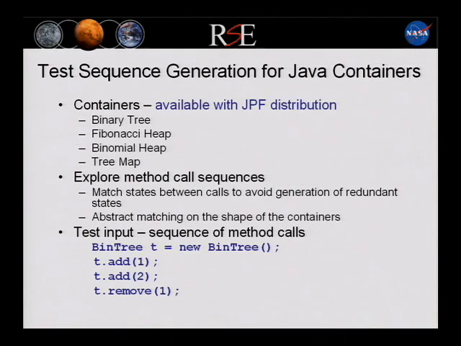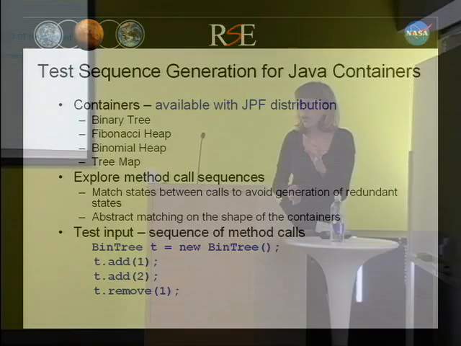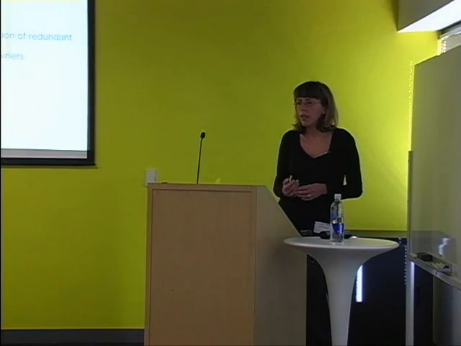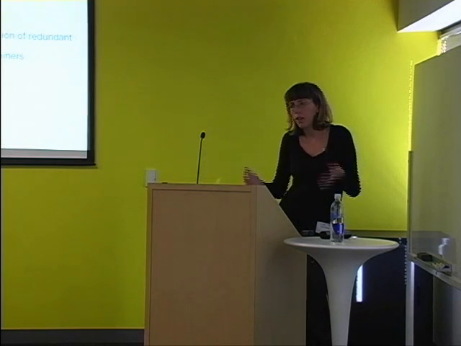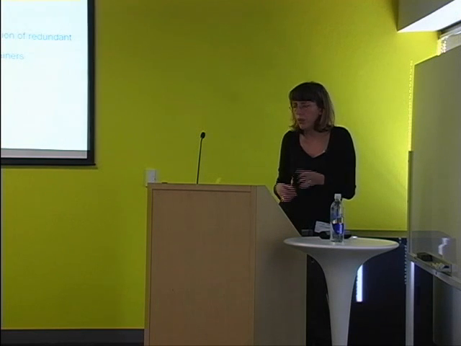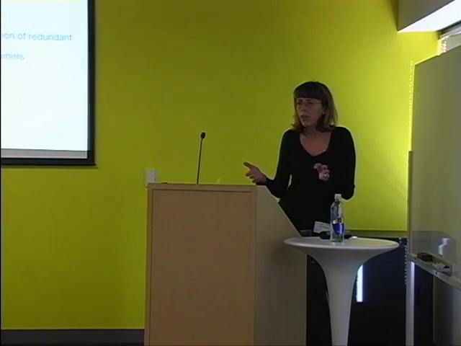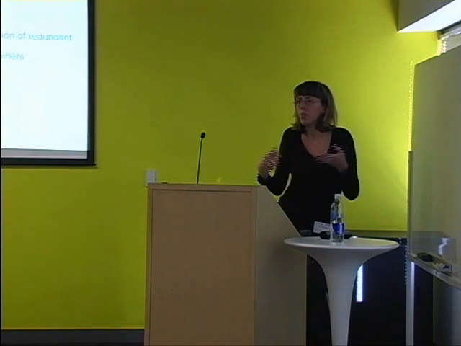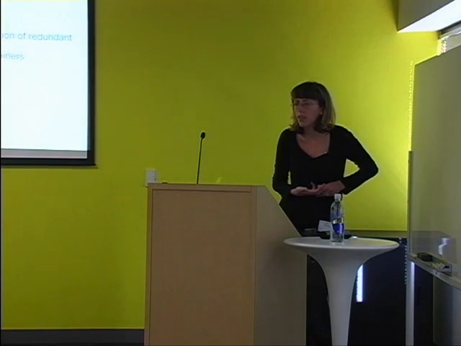And then after each method call, we would try to match the state of the container. So we would have an abstraction where we would not do state matching inside the method, but just outside. After an add, you would have a new state for the tree that has one element. After another add, we'll have a tree with two elements, but after a remove, you'll go back to one element, which you already explored on a previous path. So this was the idea.